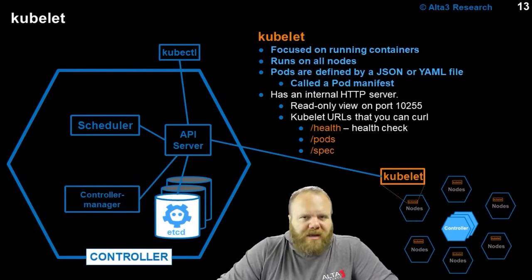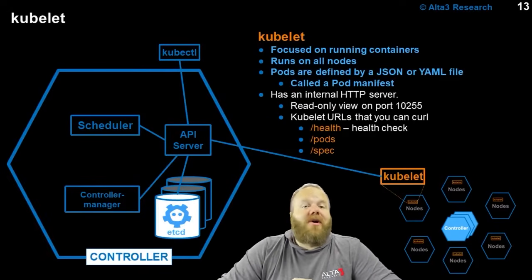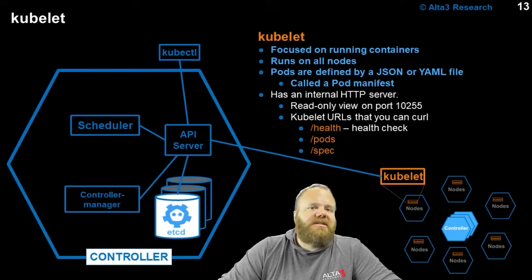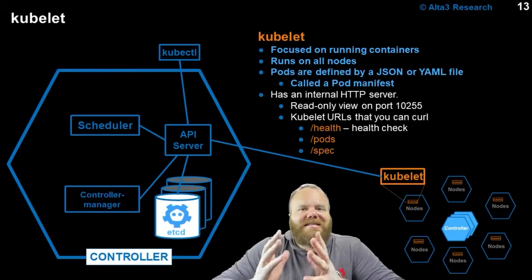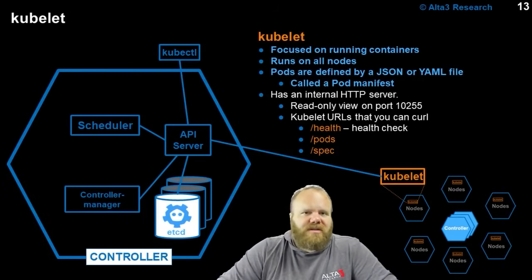Now, kubelet. Kubelet is present on every single node inside of your cluster. And regardless of what this diagram might be showing you, kubelet is also present on top of the controller nodes as well. But kubelet is kind of like the eyes and the ears of every node inside of your cluster.